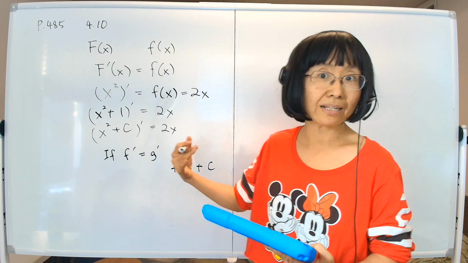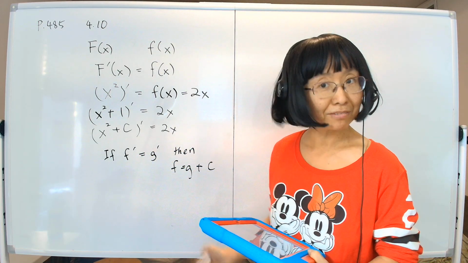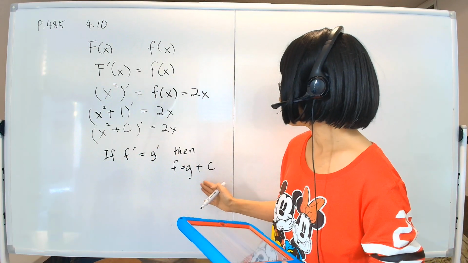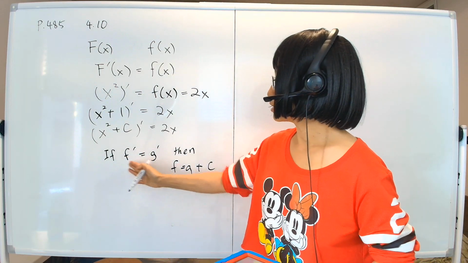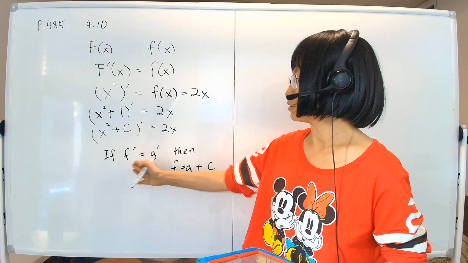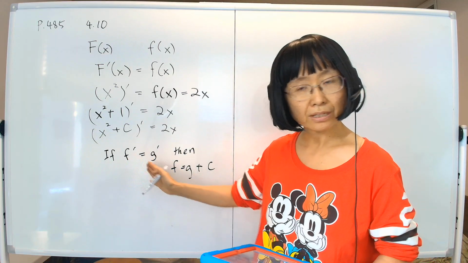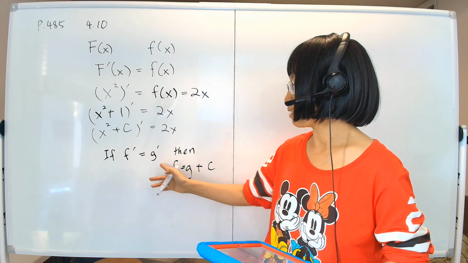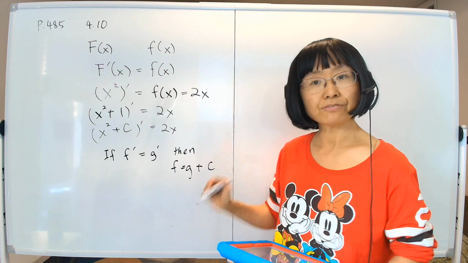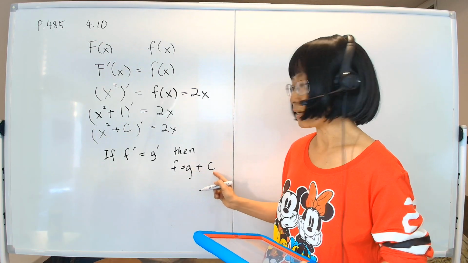Well, we proved that some time back, so right now we're just going to believe it and not worry about proving it again. In other words, Corollary 2 says if the derivatives of two functions are the same, then the two functions differ at most by a constant.